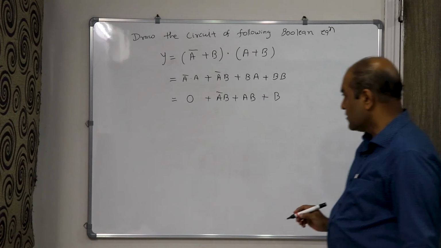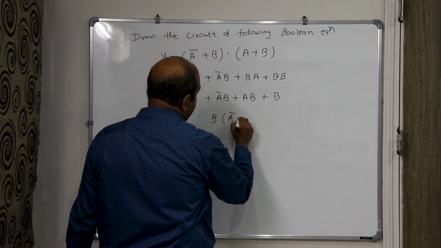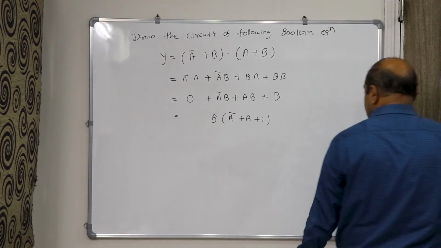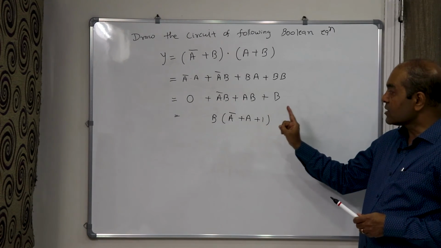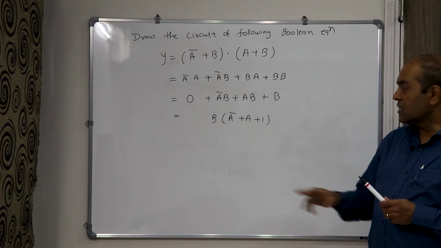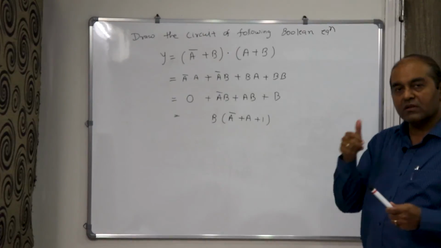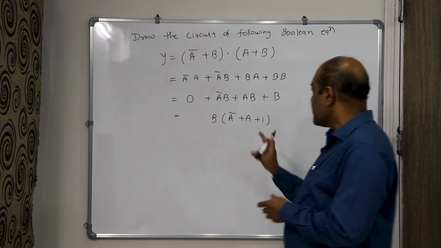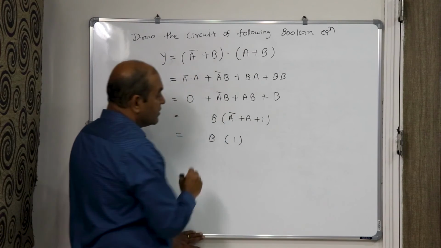Now among these 3 terms, B is common. So A bar plus A plus 1. If A is 0, A bar is 1, so 1 plus 0 plus 1 is 1. If A is 1, A bar is 0, so 0 plus 1 plus 1 is also 1. So ultimately, this bracket is 1.